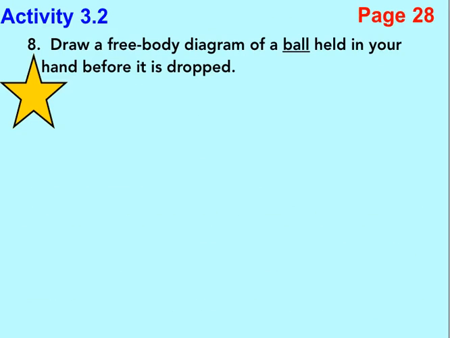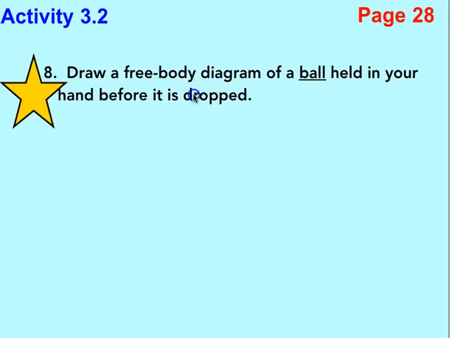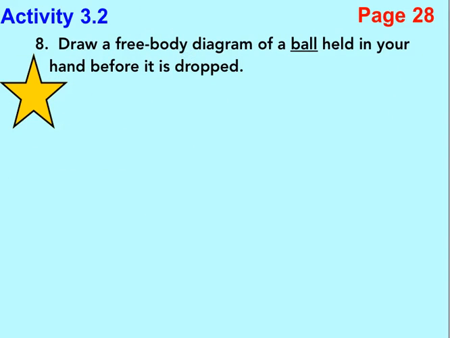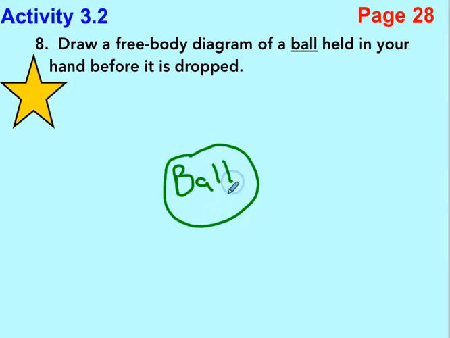So now we get back to drawing a free body diagram of a ball that's held in your hand before it's dropped. What we're going to do here is only look at the forces that are being applied to it. We're not going to be concerned about the forces that the ball is applying to other things, because those forces do not affect its motion.